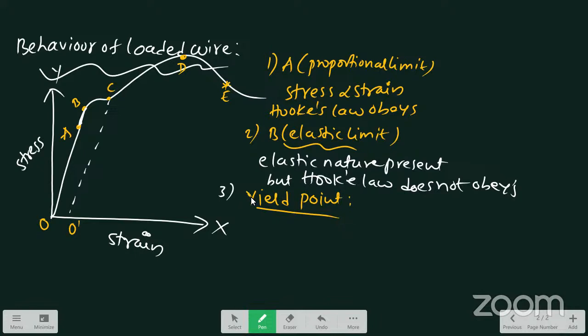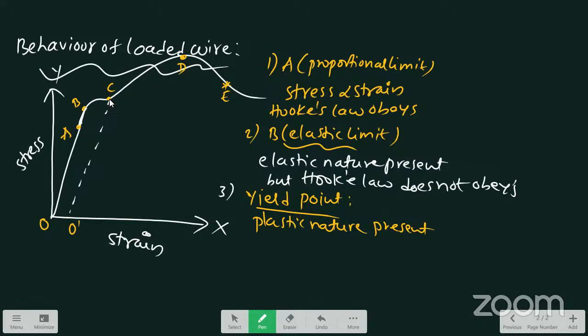What is the yield point? Plastic nature present, meaning up to C. Beyond B, when we remove stress, the wire with plastic nature won't regain its original shape.